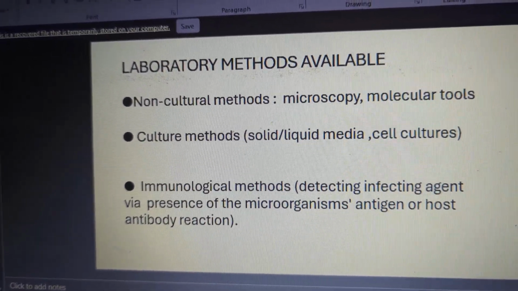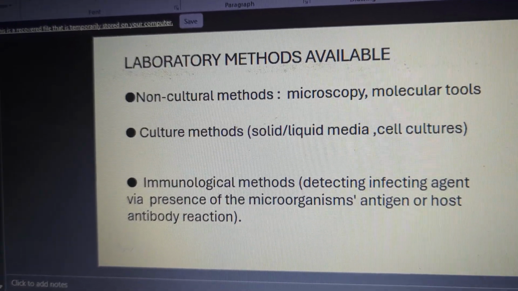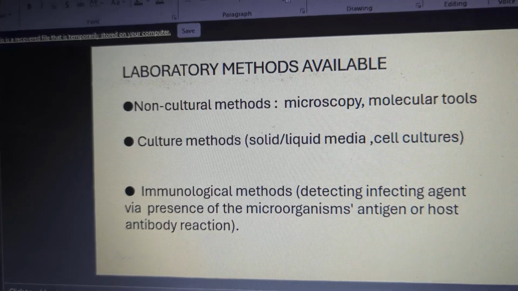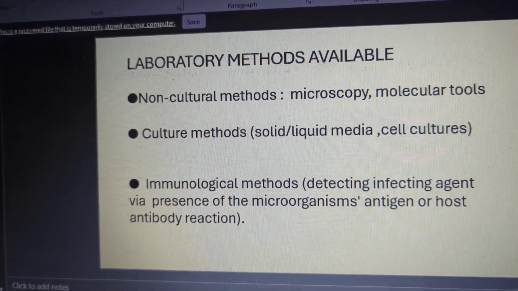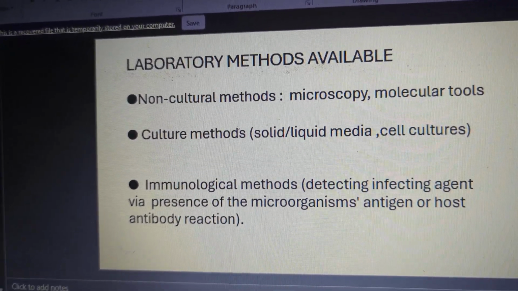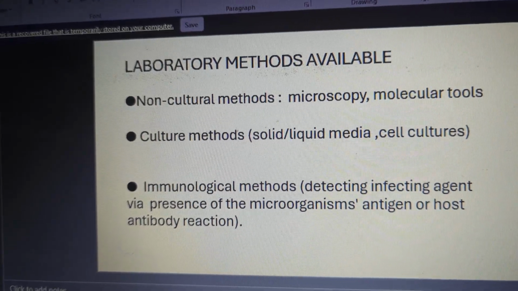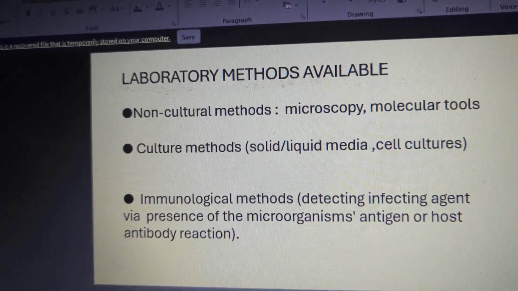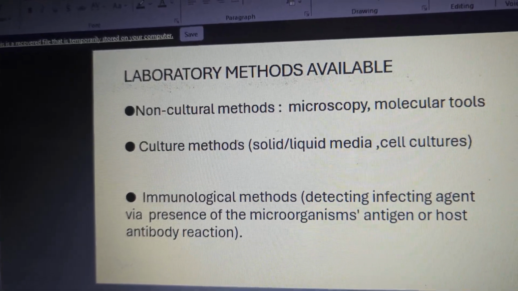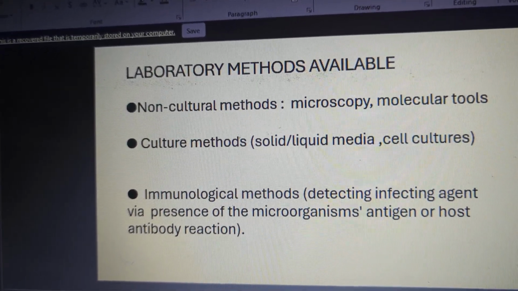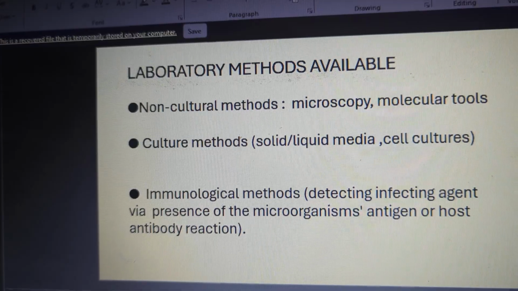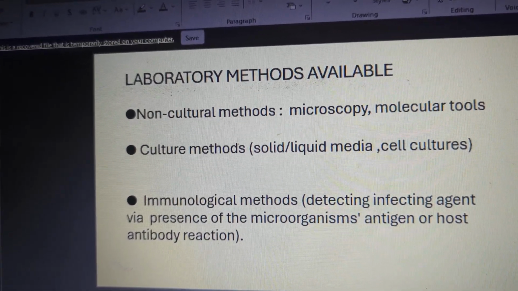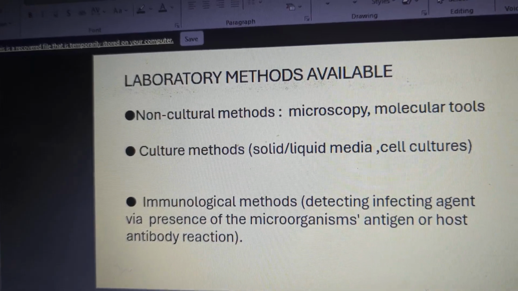So as you can see on the screen there, we have the non-cultural methods, which include the microscopy and the molecular tools. We can also have the cultural methods themselves, which are liquid media, solid media, or the cell cultures for the viruses. And then finally, the immunological methods, which are detecting the pathogen antigen or the host antibodies.